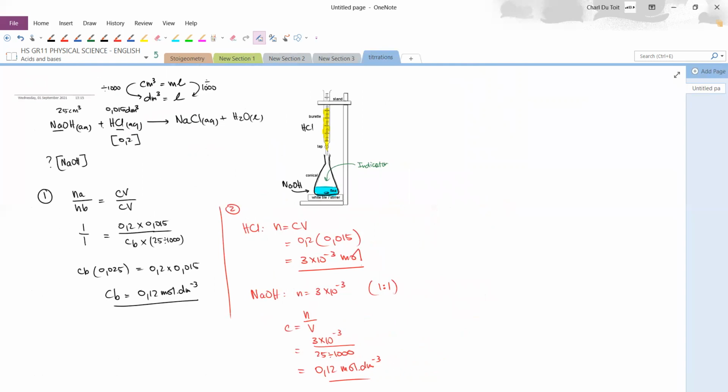So that's a straightforward titration. You can use any method to solve it. Good. Another example.